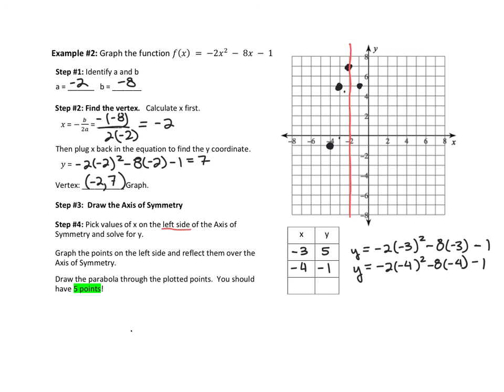And then the point at -4, -1 is 2 boxes away from the red line, so I'm going to put it 2 boxes on the other side. And then I'm going to connect the dots from our parabola. You should have at the end 1, 2, 3, 4, 5 points.